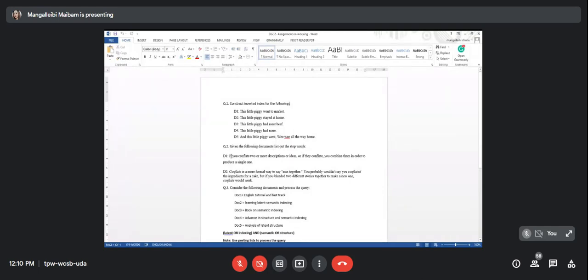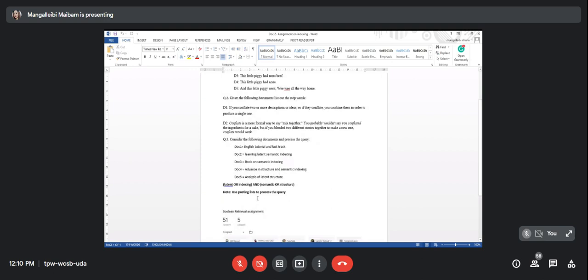So two documents are given, D1 and D2. From D1 you have to find out the stopwords, and from D2 you have to find out the stopwords. Okay, this is the next question.